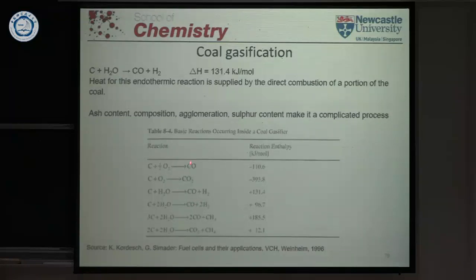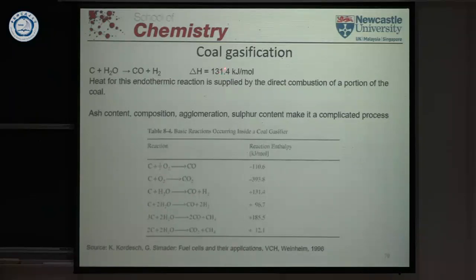And what you have to see for the question of coal gasification, you see the main reaction here is that you take carbon, which is coal, together with water, you form so-called synthesis gas, CO plus hydrogen.